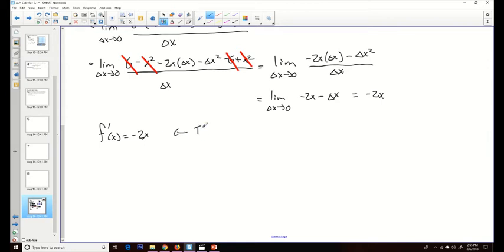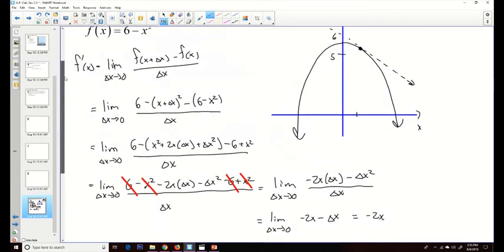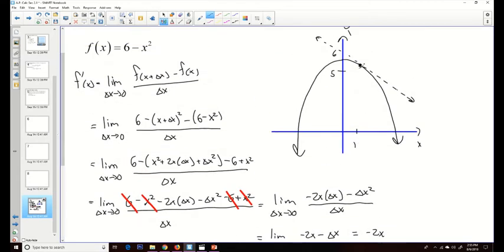This is the function that finds slopes of tangent lines. And so what we can do is take that x value, this one value right here, and plug it in.